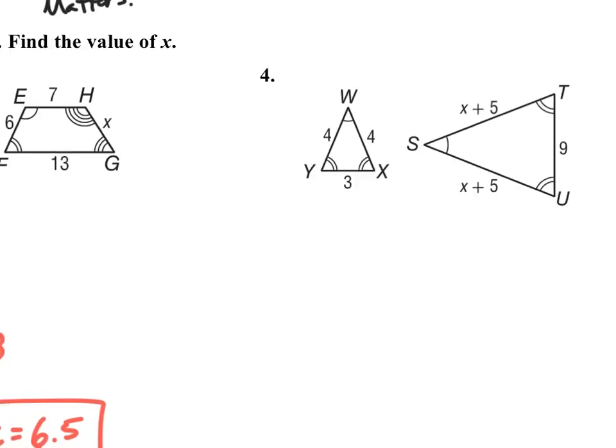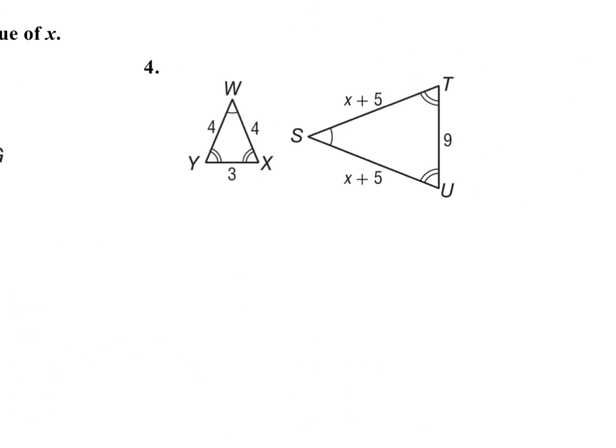Okay, so now let's take a look at number 4. And number 4, what I can see from this is that this is an isosceles triangle here. I've got corresponding angles that are congruent, even though this one's flipped on its side. Okay, so I'm going to set up the proportion of WY and SU.